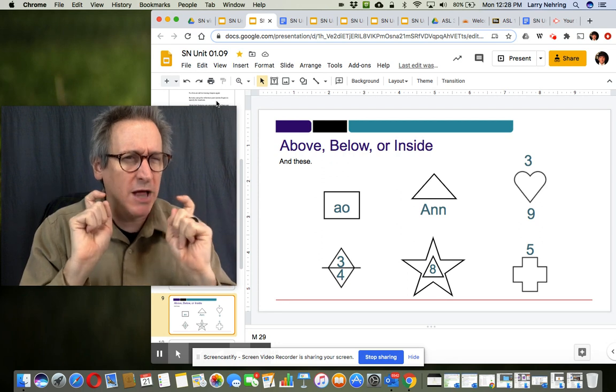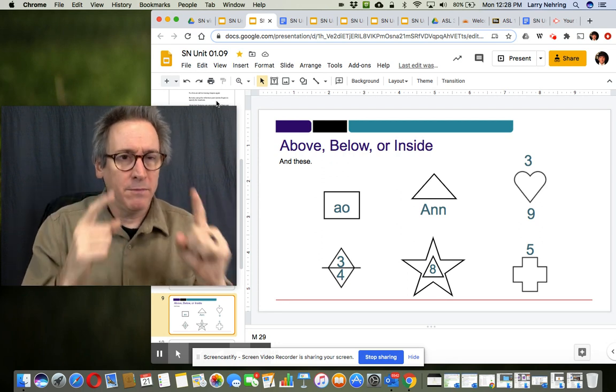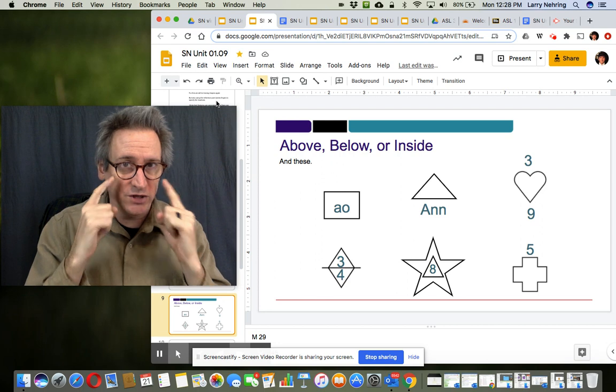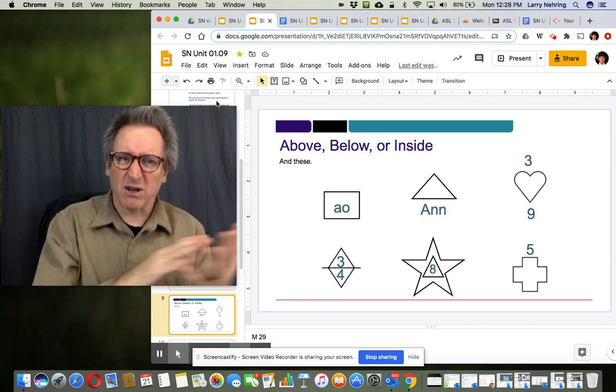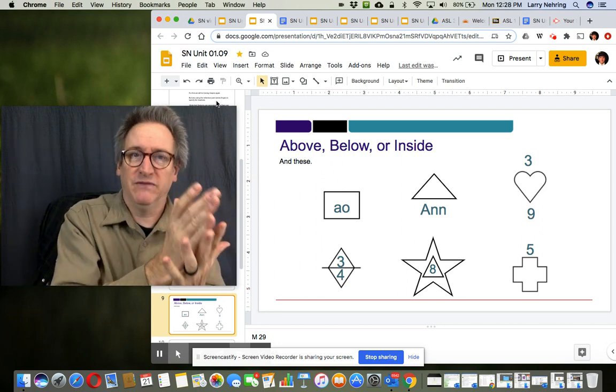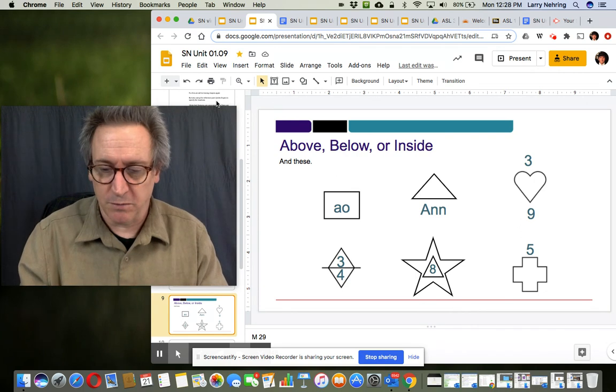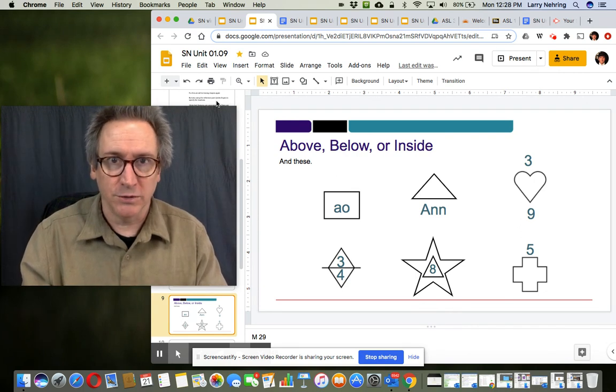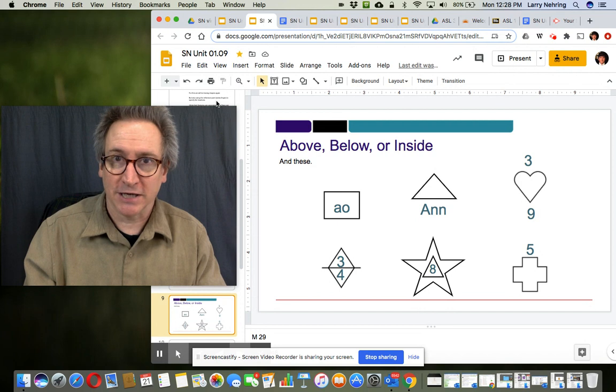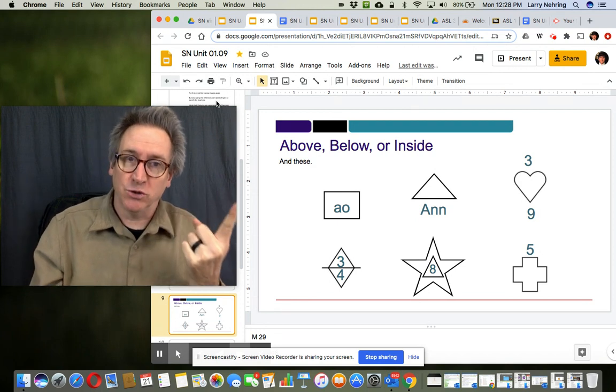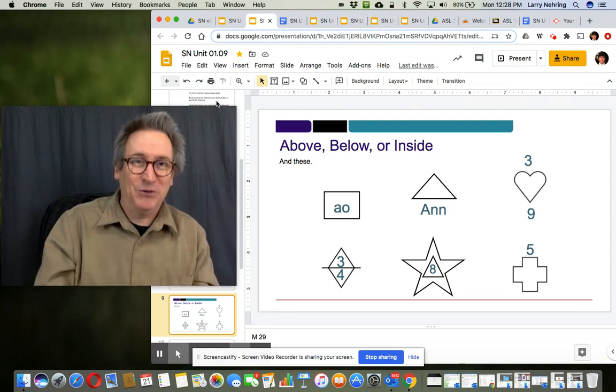Oftentimes facial expressions will help with that kind of comparison, but you still want to develop that skill visually. Because as hearing people, there are a lot of skills we don't develop visually. If you've ever played around with optical illusions, you know how easily we can get tricked, but at the same time, how much information we can process if we would only do it.